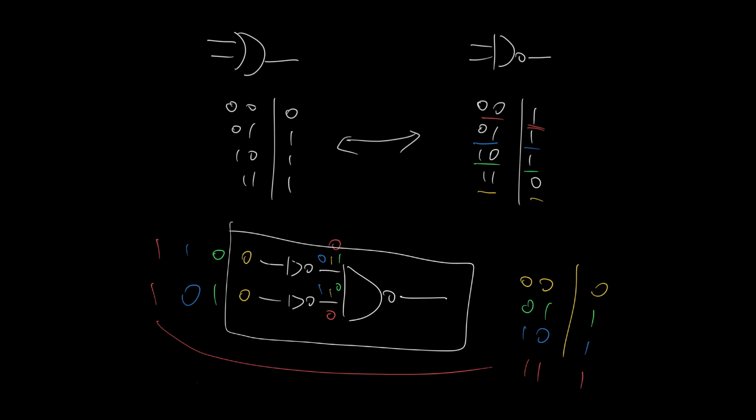And now, to emphasize here, this part of the circuit here is this part of the circuit here. And now finally, all I need to do is put these two outputs here through an OR gate. But remember, an OR gate we get by inverting the inputs to a NAND gate.